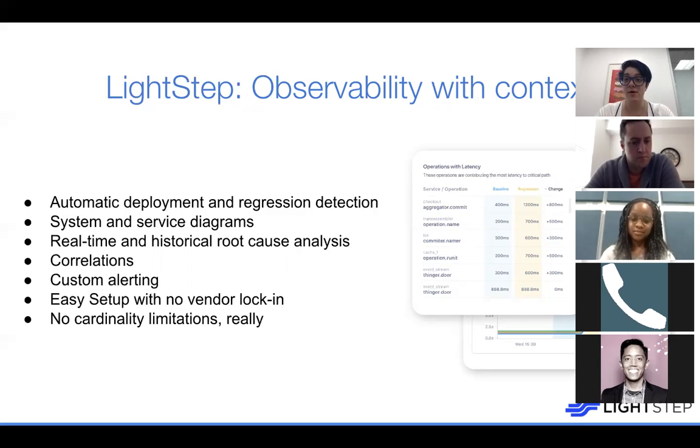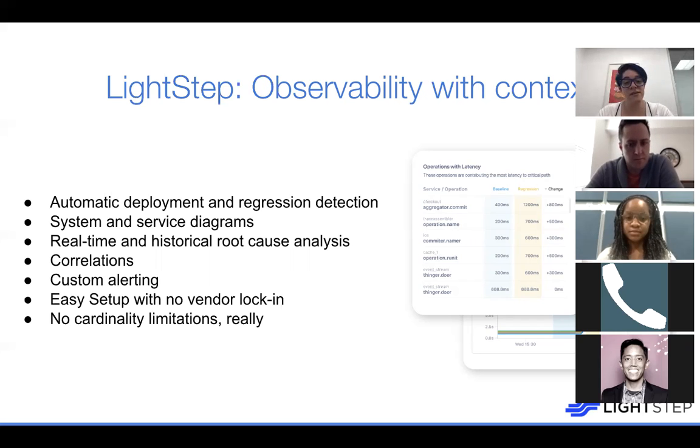Those sorts of things are hard to pinpoint on your own and take a long time if you don't have the right tools. So that's what we mean by observability with context. Say I'm beginning to see this strange flapping dashboard when it comes to service A. And that's insight that you don't have without this kind of tool.